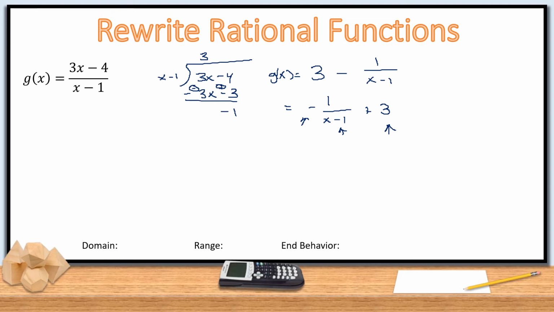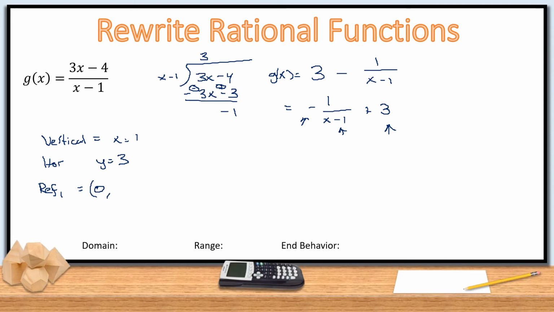So we've got vertical asymptote at x equals 1, horizontal at y equals 3, reference point 1. We've got minus b, so minus 1 plus h, which is 1. So minus 1 plus 1 is 0.